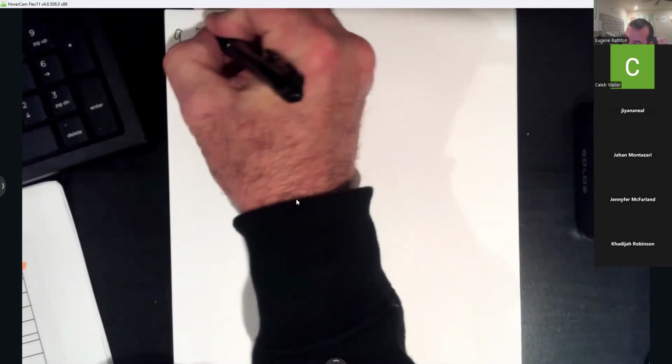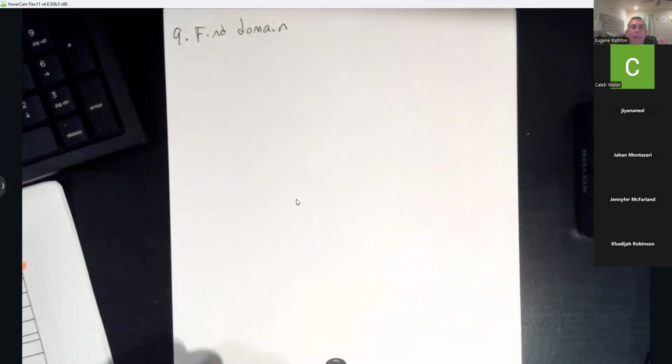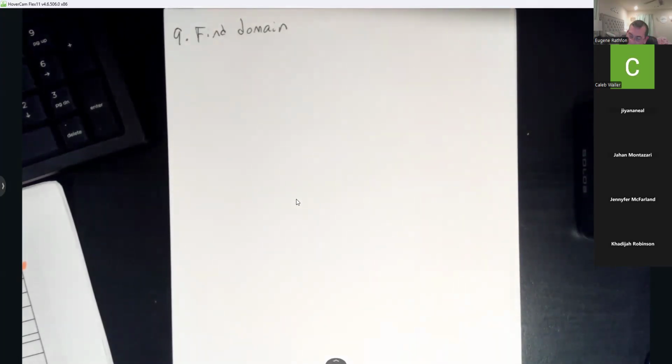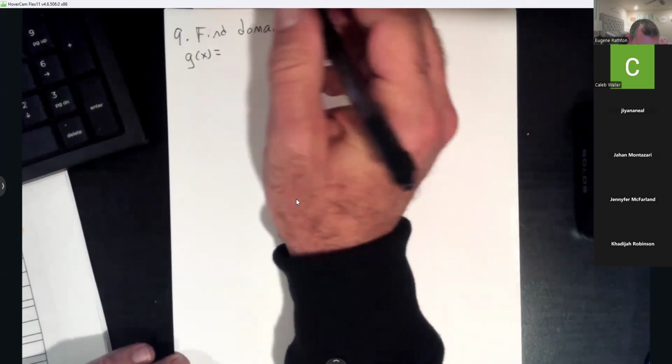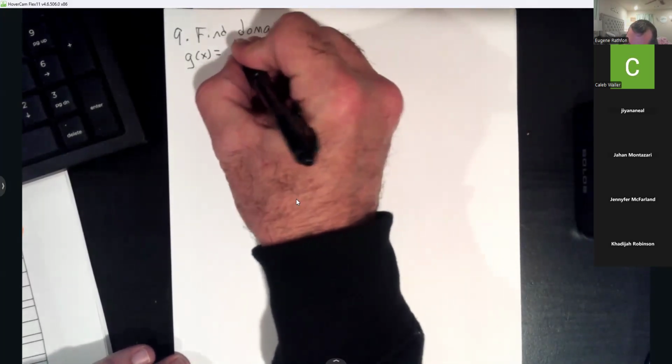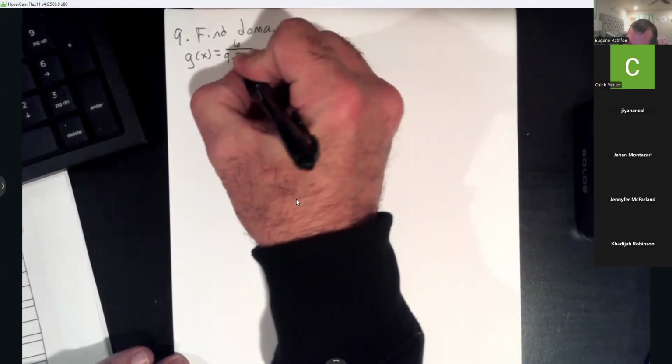Alrighty, let's see. Number 9. Find the domain. And y'all, guess what? The only thing I'm ever worried about on a domain is whether it's got a fraction or not. And y'all, guess what? I'm giving you a fraction. So 6 over 9 minus 7x.